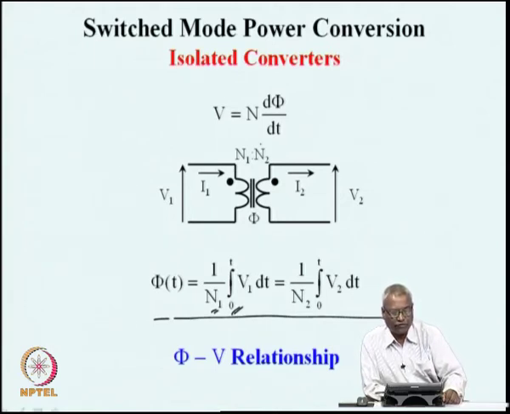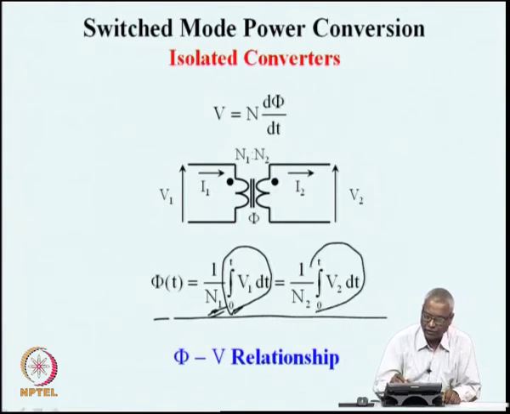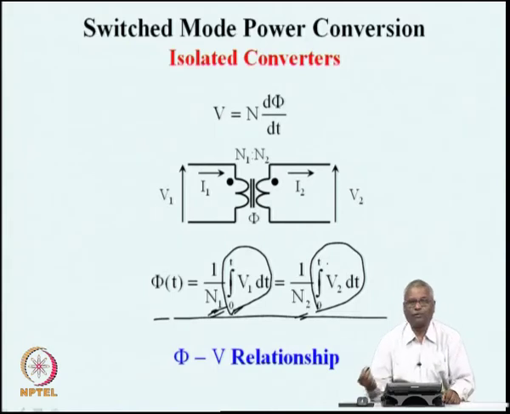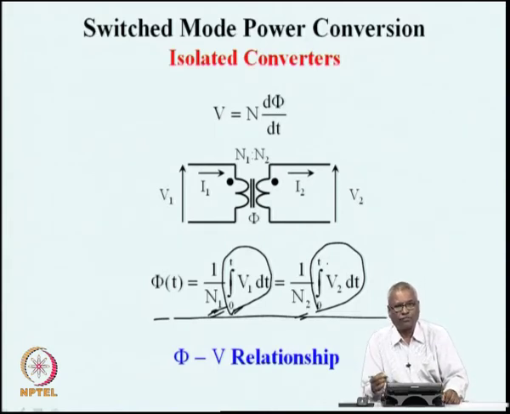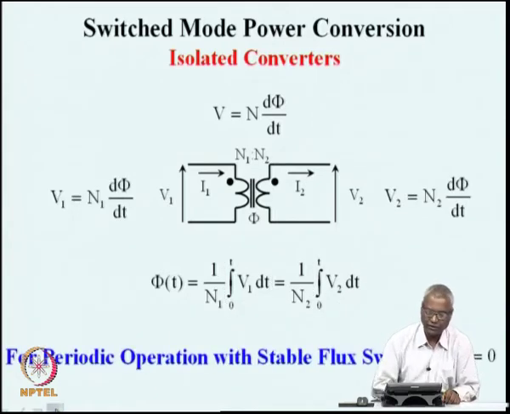The core flux can be found by integrating the primary voltage and dividing by primary turns, or integrating the secondary voltage and dividing by the secondary turns, over the period of integration 0 to t. This relationship shows how from V1 or from V2 you can reach the flux in the core. This is the flux to voltage relationship.